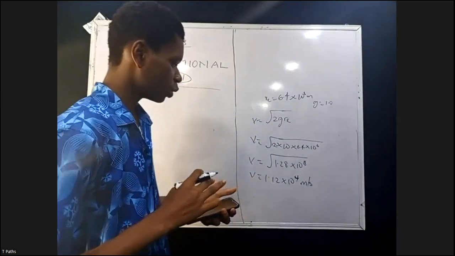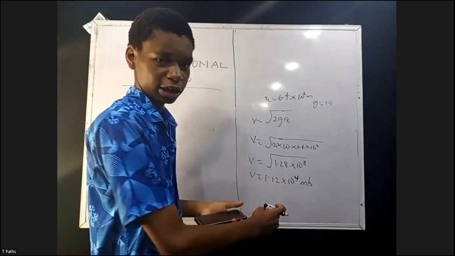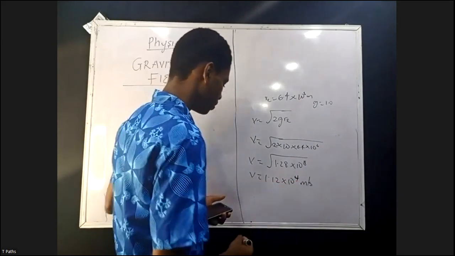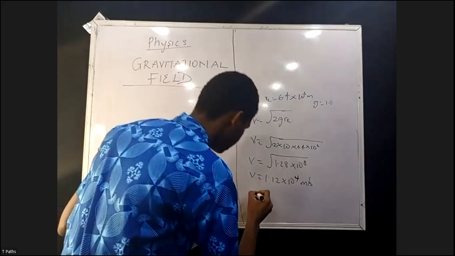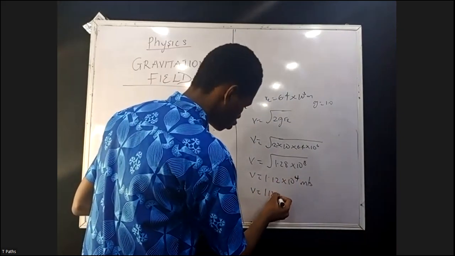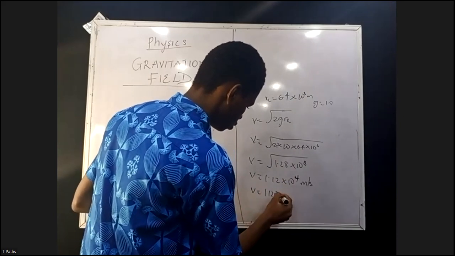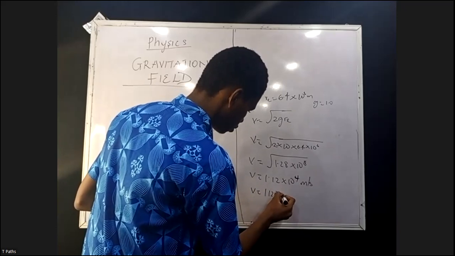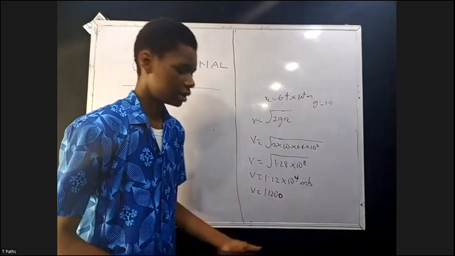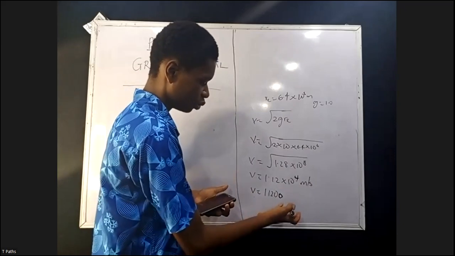Now the question is not giving me the answer in meters per second, but in kilometers, so I'm going to convert this. Converting this, I'm simply going to divide it by 1,000.